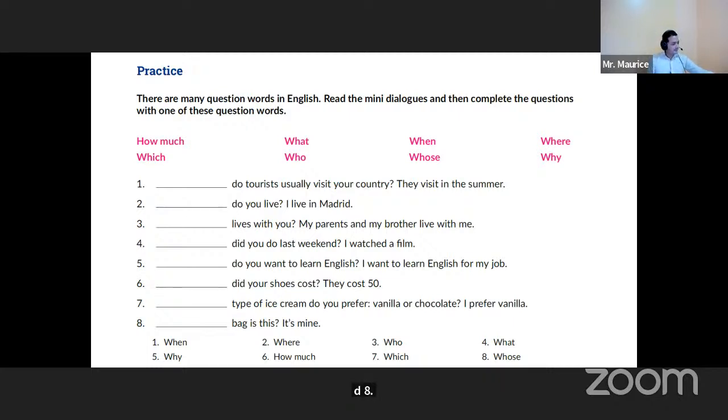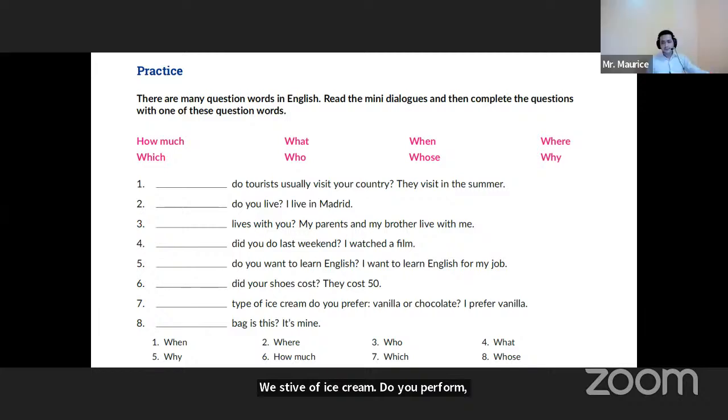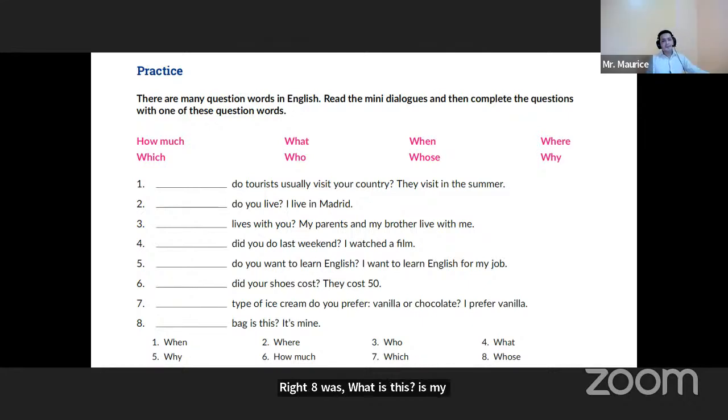Speak, please. No? Okay. Mr. Manuel Ruiz, help me please. 7 and 8. Which type of ice cream do you prefer? Vanilla or chocolate? I prefer vanilla. Correct. 8. Whose bat is this? Is mine. Correct. Thank you. I appreciate it.